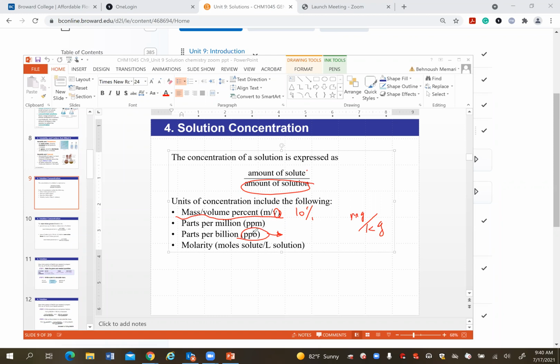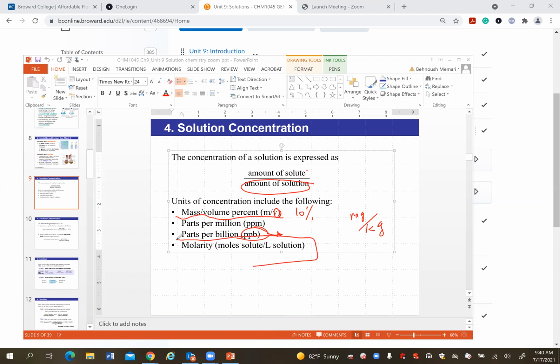So the unit that is used expresses a very small number, and we still want a workable number. We don't want to say 0.0000 milligram in kilogram. So instead, you would say parts per billion.